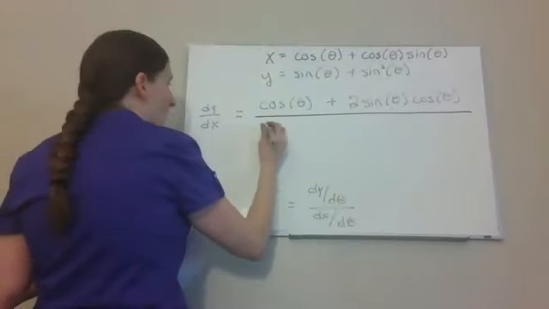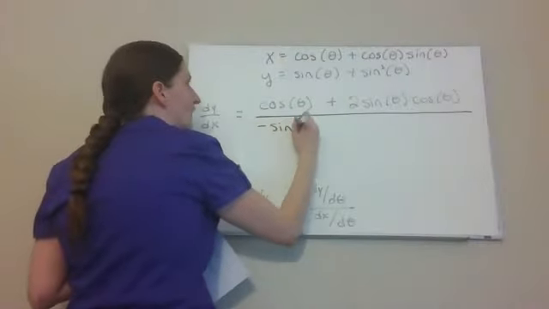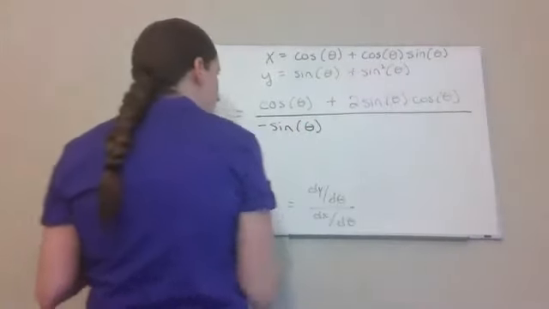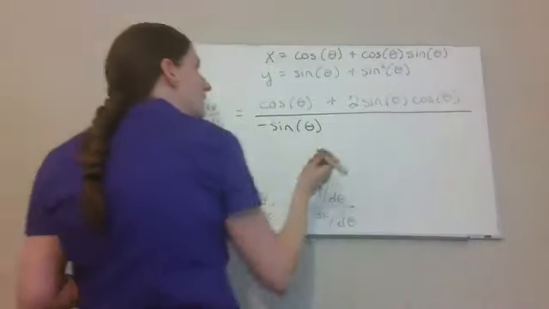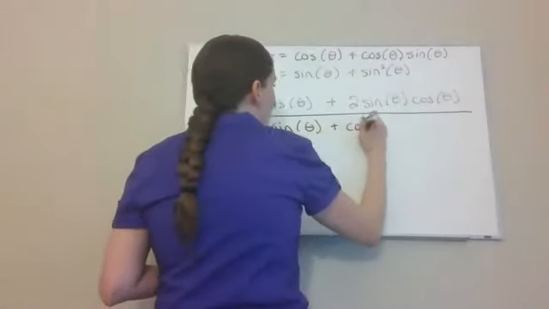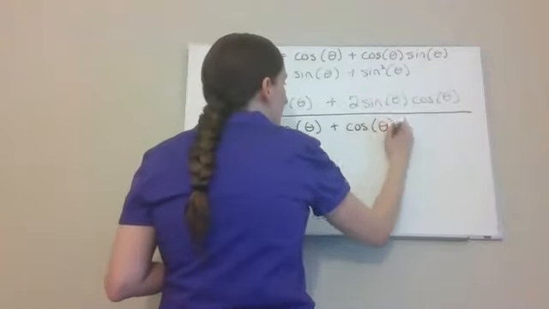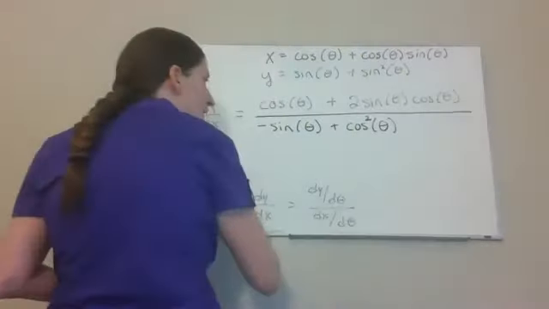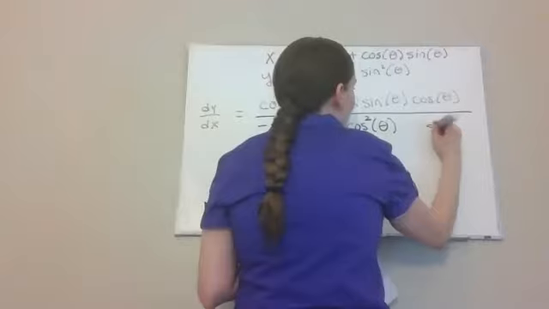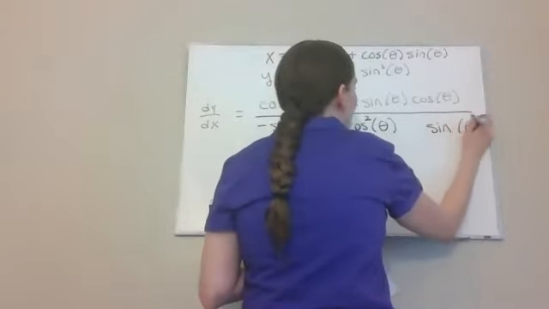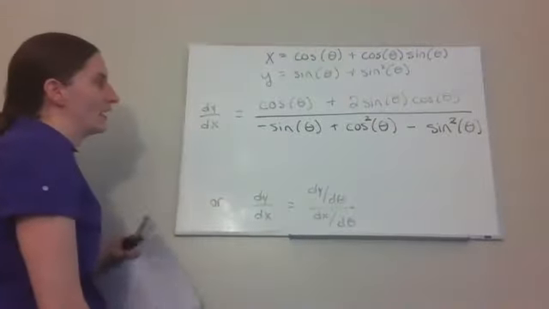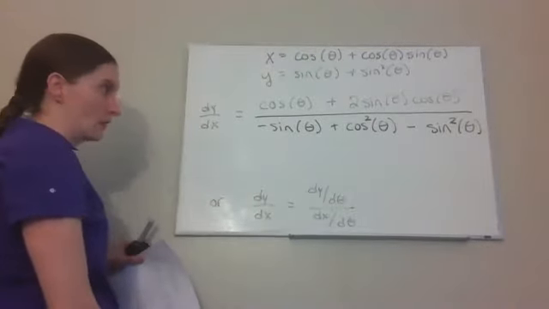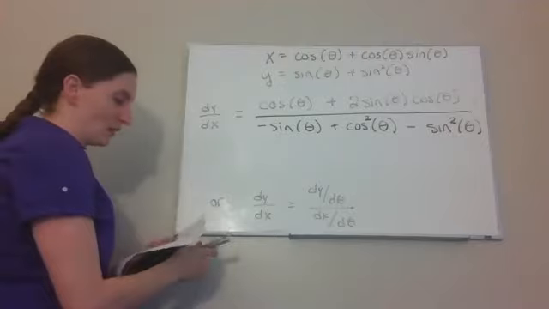Derivative of cosine is negative sine. And then to do the derivative of cosine times sine, I would have to do a product rule. I get cosine times the derivative of sine, so I get cosine squared, and then plus my sine times the derivative of cosine, which is negative sine. So I get a negative sine theta plus cosine squared theta minus sine squared theta.